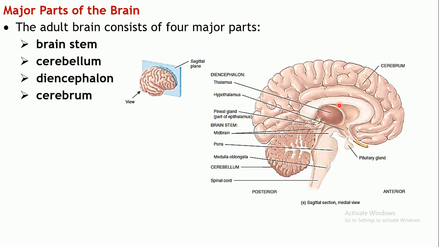Just to review the parts of the brain, it has four major parts: the brain stem, the cerebellum, the diencephalon, and the cerebrum, which is the largest part.